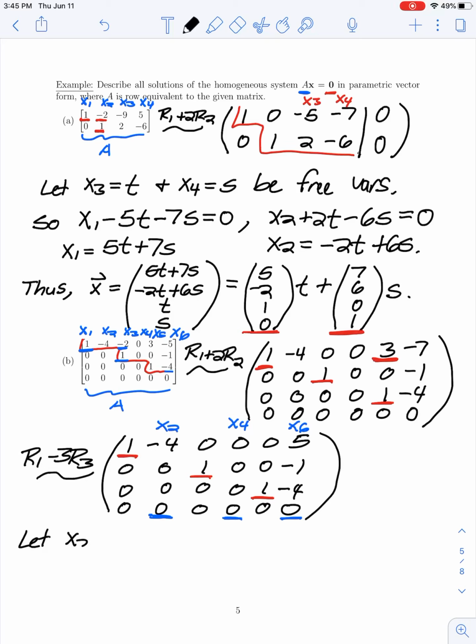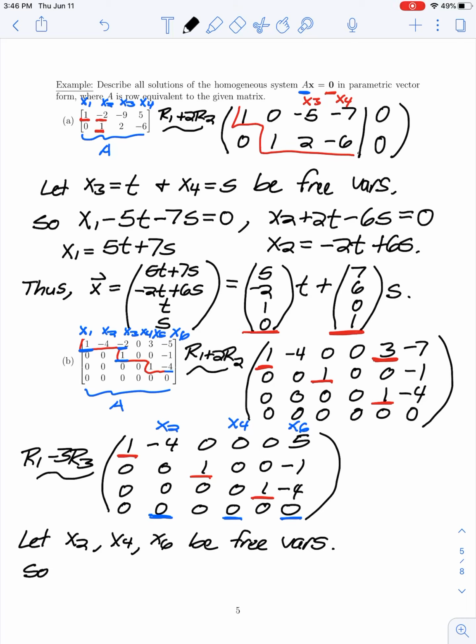So let's say, I've been using s and t so far, so let's maybe just stick with these x values. So let x2, x4, and x6 be free variables. I won't use a different variable to denote my choice for these values.